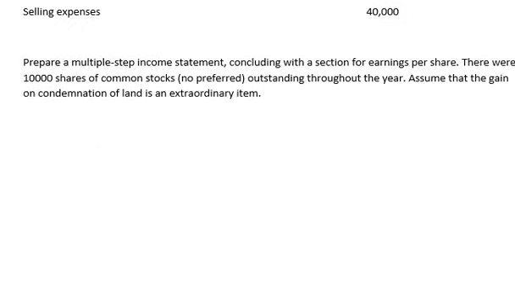The question asks us to prepare a multiple-step income statement concluding with a section for earnings per share. There were 10,000 shares of common stock. Now I will show how to answer.